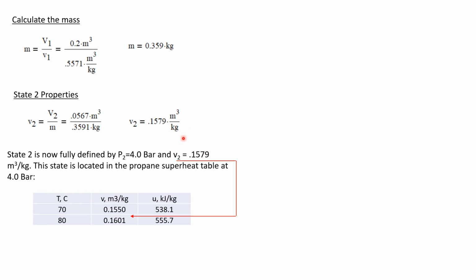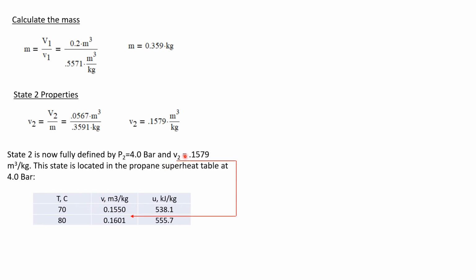So now we have two independent properties defining state 2. We know that state 2 has a pressure of 4 bar and a specific volume of 0.1579 cubic meters per kilogram. And I found the following information in the 4 bar superheat table.